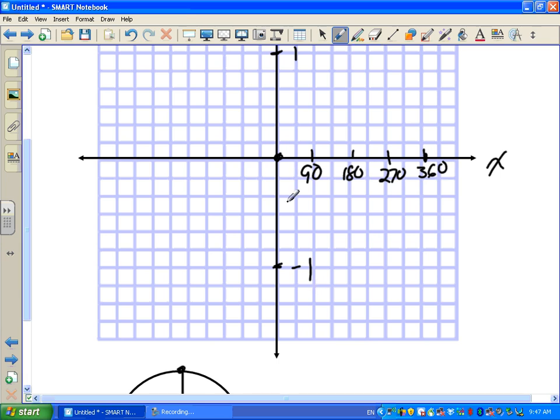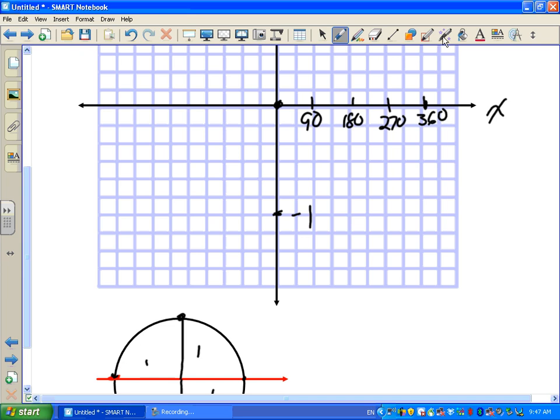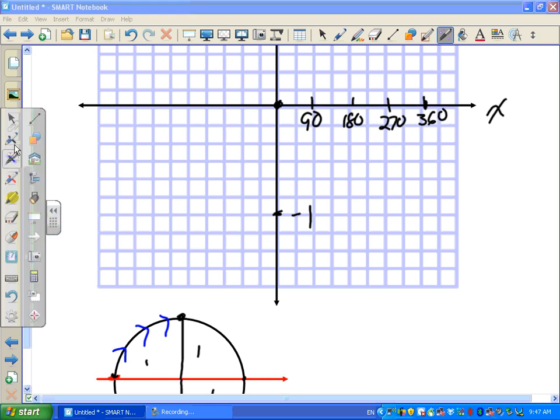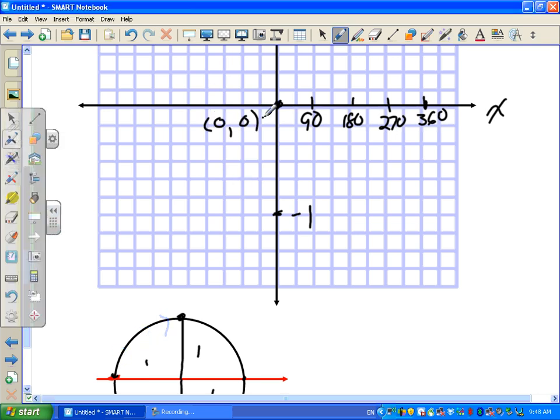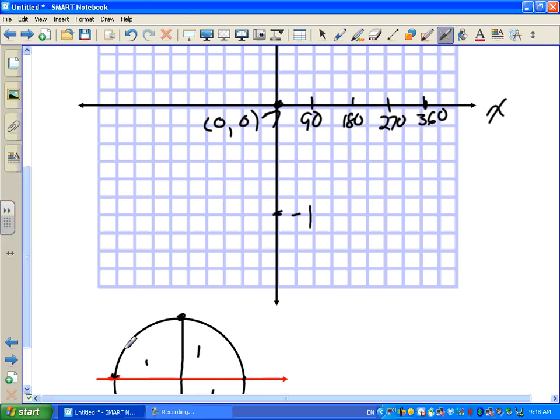Okay? We start at 0. When I start at 0, I talked about 5 major key points. The first one, the very first coordinate, let's write that down, is 0 and 0. I said to include 5 key points. From 0 and 0, I move up to the peak.